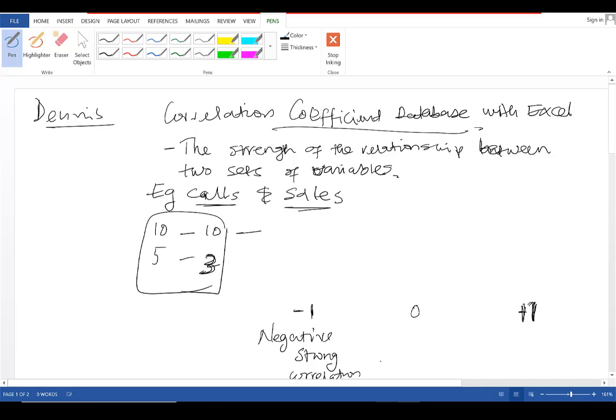And if we get +1, then we have a strong positive correlation. If we get 0, that means there is no correlation.